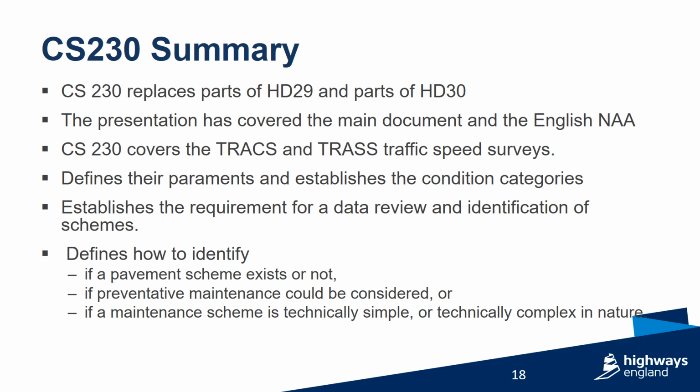It defines the parameters and establishes the condition categories, establishes the requirement for data review and the identification of schemes. It defines how to identify if a pavement scheme exists or not, if preventative maintenance treatment could be considered, or if maintenance schemes are technically simple or technically complex in nature.